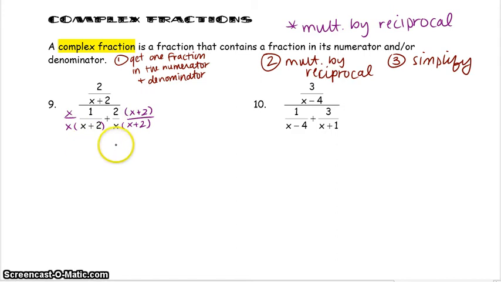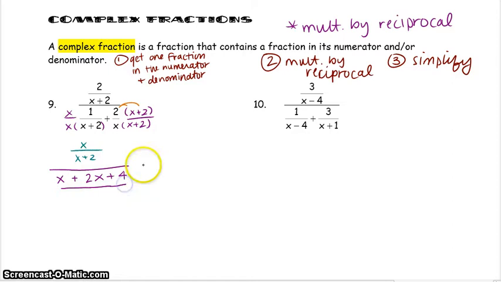So then let's rewrite this. Okay, so we still have our x over x plus 2 on the top. But then in our denominator, let's simplify this. So we have x times 1 is x. And then we're adding. And let's distribute this right now since we can. We're going to have 2x plus 4.